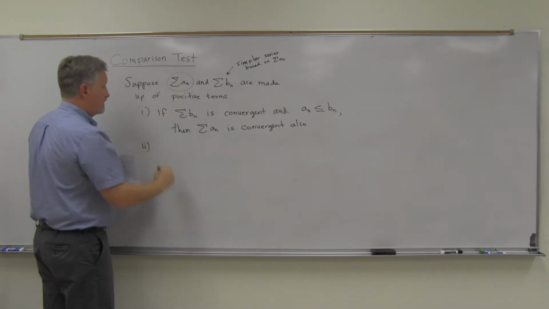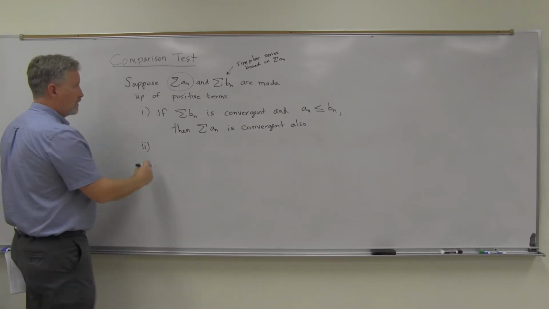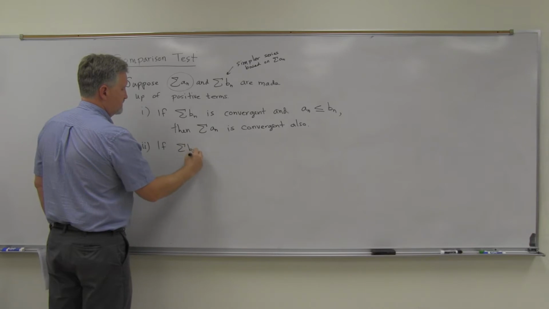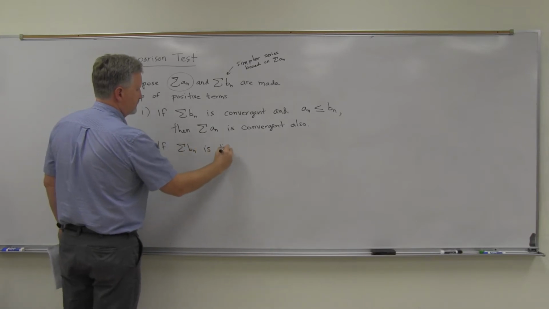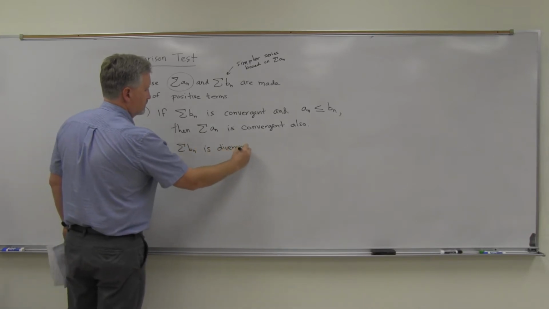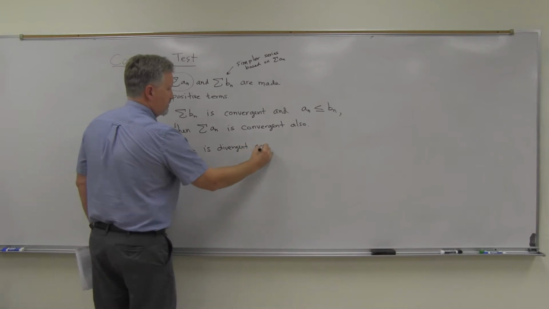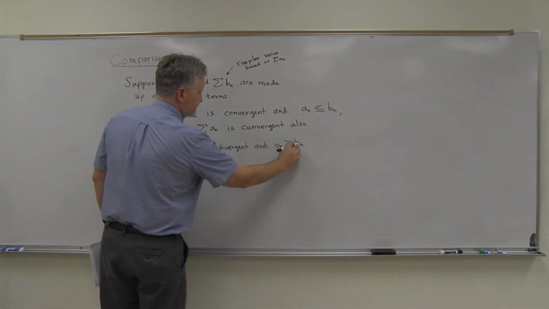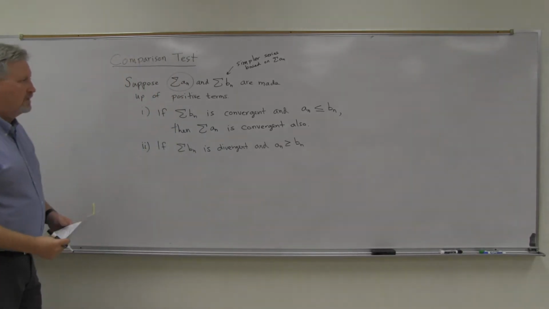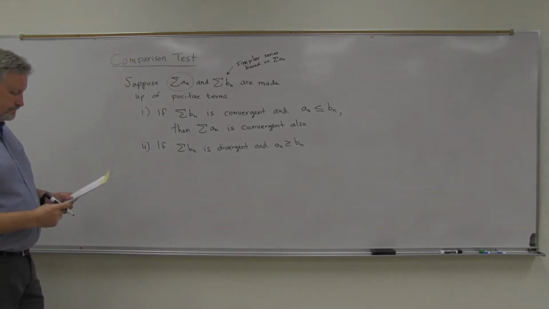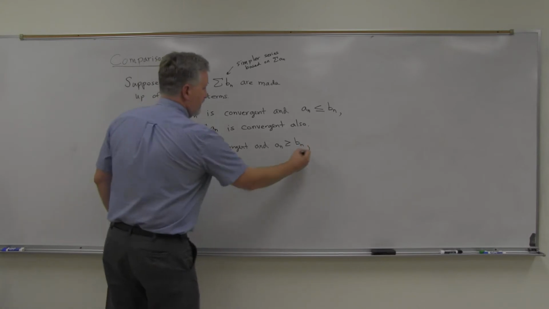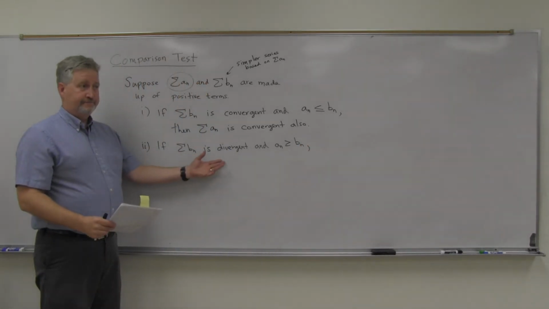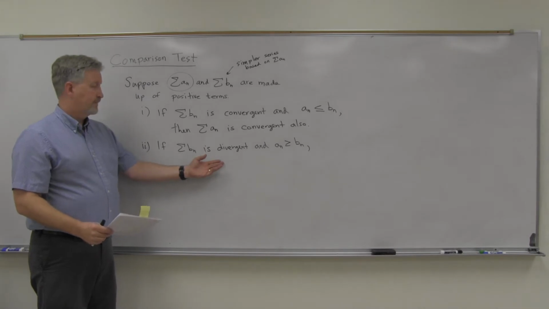Okay? Well, then number two, what if b sub n is divergent? Well, if the series of the b sub n's is divergent, and a sub n is greater than or equal to the b sub n's, well, that's going the other way, isn't it? Because the b sub n's are divergent, right?